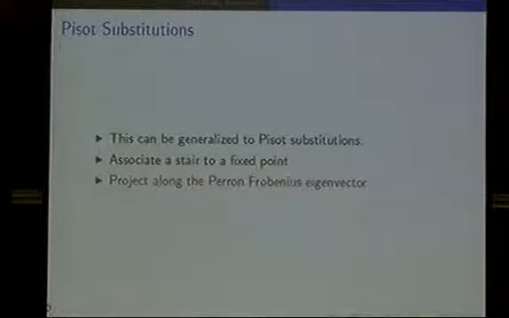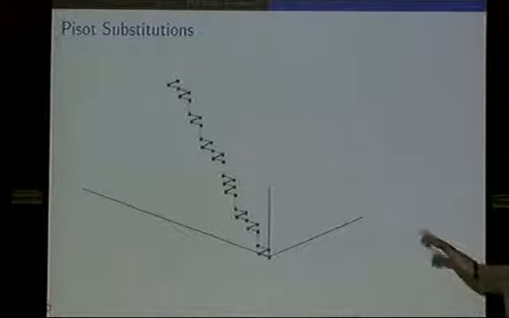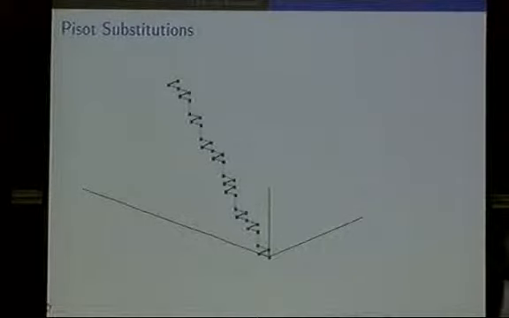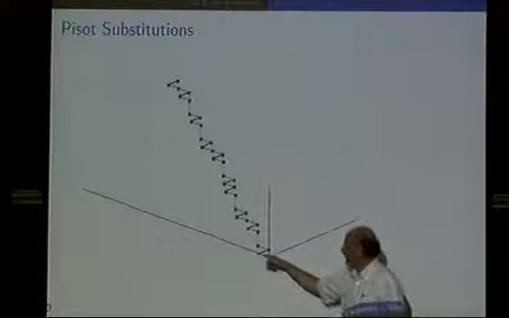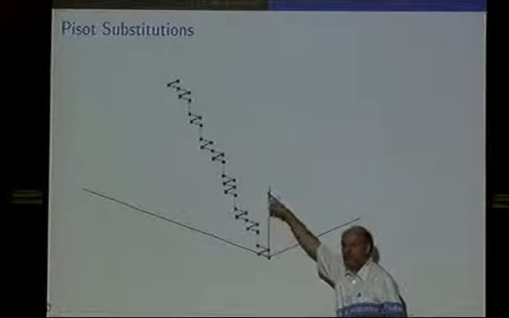And then we build a stair and project along the direction. So this is a picture that Valérie showed before. We consider the substitution on 3 letters, the canonical one being the Rauzy substitution. And we consider that 1 is going in this direction, 2 is going in this direction, and 3 is going up. So we build a stair.